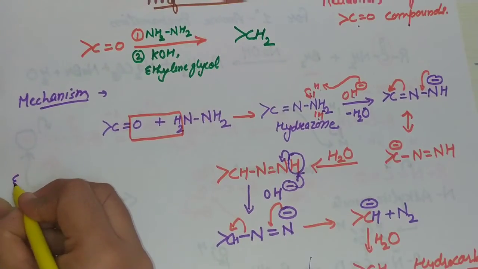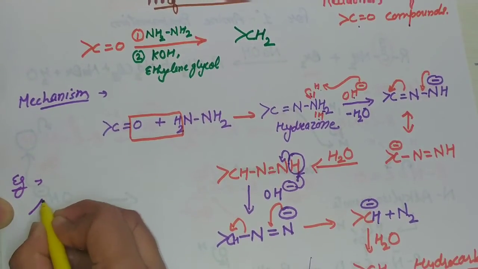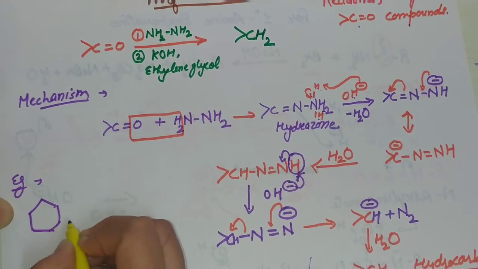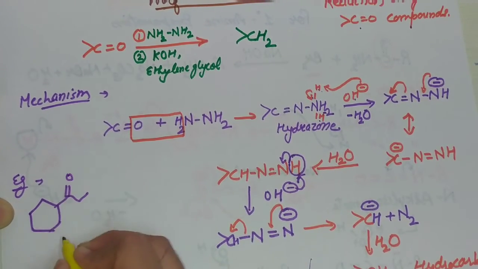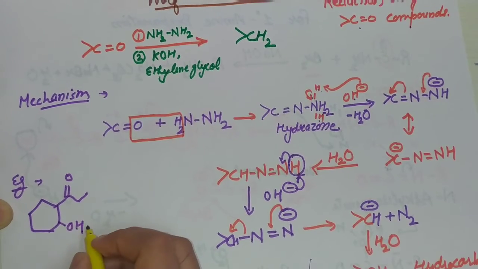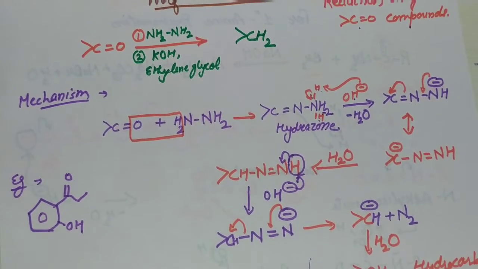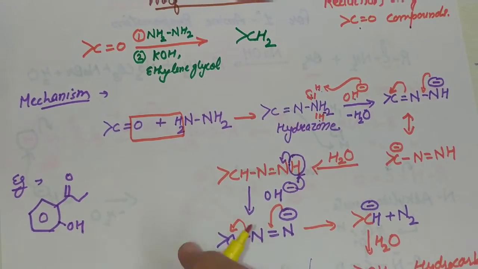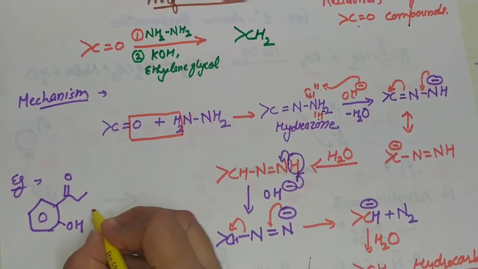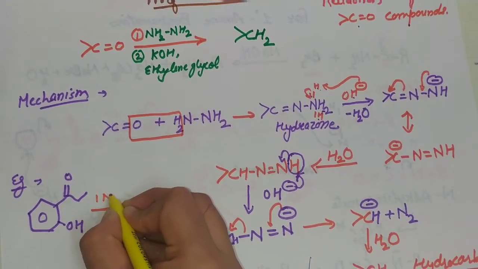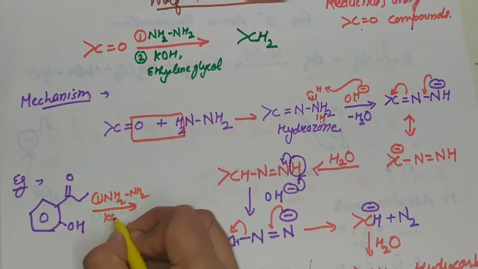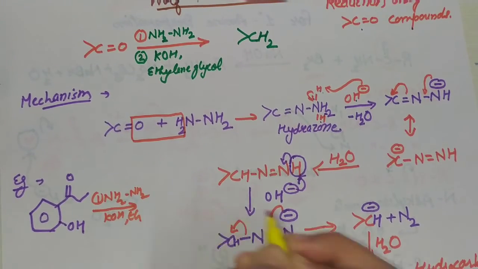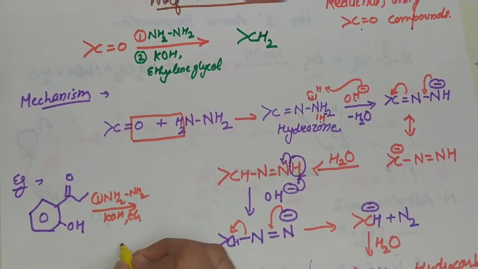Let us take an example. For example, if there is a carbonyl group and a hydroxide group on an aromatic ring, and the reaction conditions are hydrazine and potassium hydroxide with ethylene glycol as a solvent, what is the product?